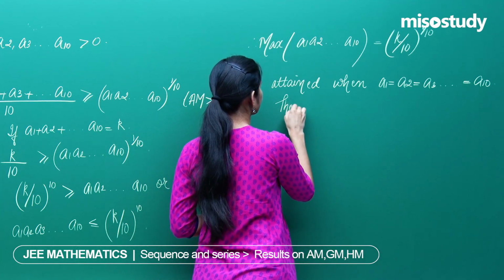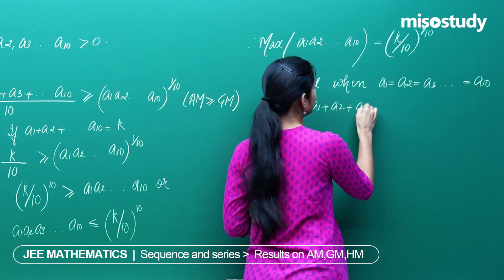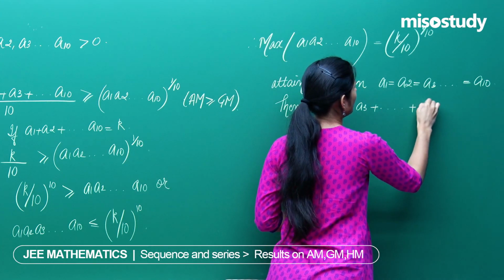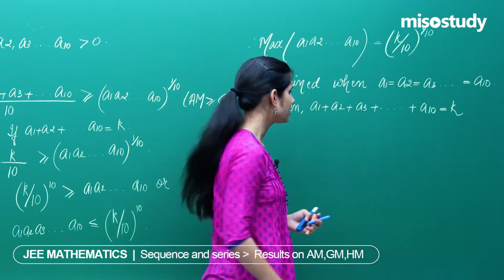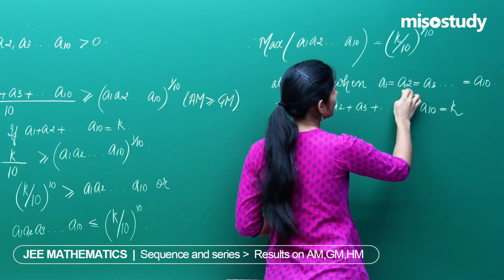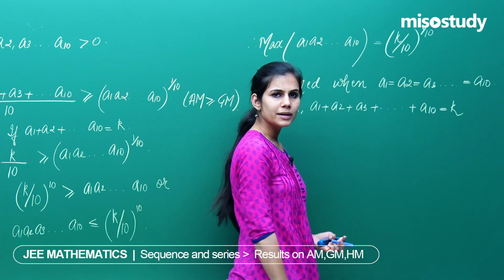Then A1 plus A2 plus A3 plus and so on plus A10 equals k gets converted to what? A1 equals A2 equals A3 equals A10, so let me replace everything by A1 because all of them are equal to A1.